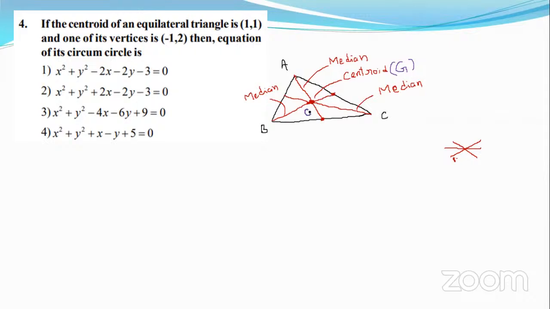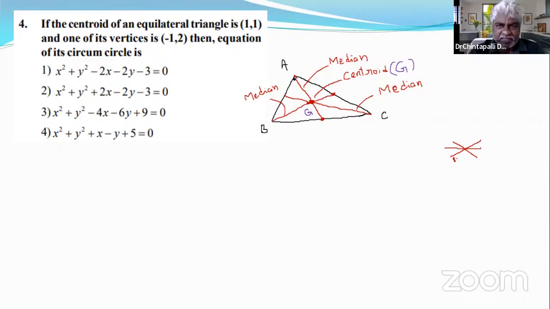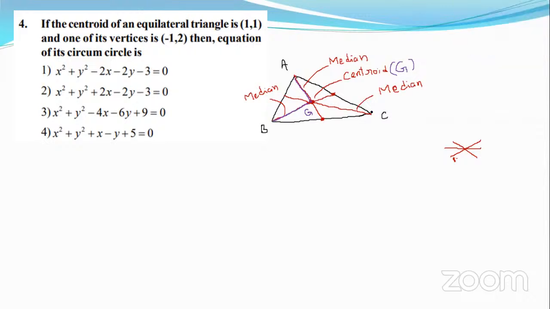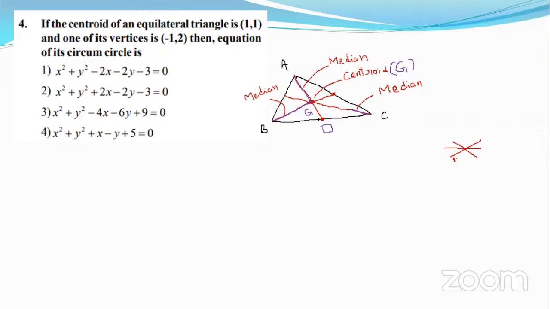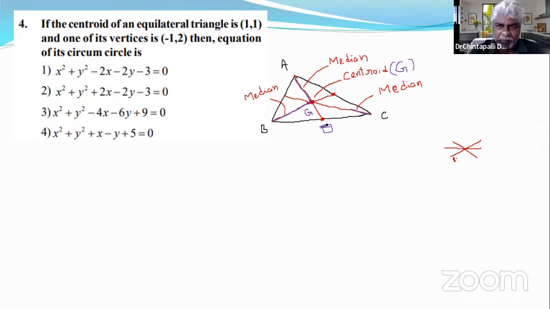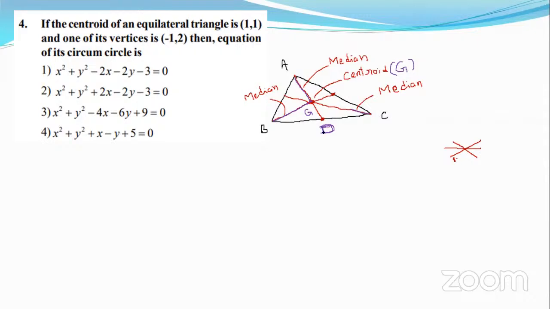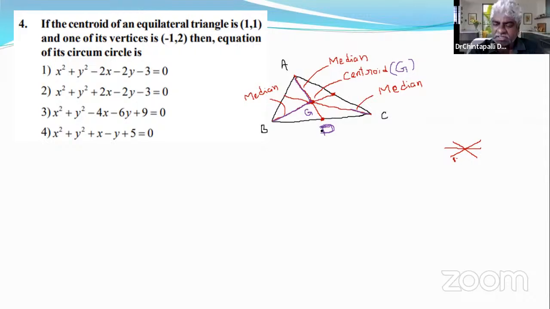This is G. It's very clear that AG and BG are in the ratio... G divides AD in the ratio 2:1. Any centroid divides any median in the ratio 2:1. The centroid divides the median in the ratio 2:1, right?